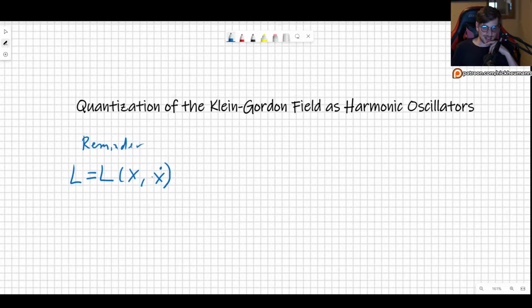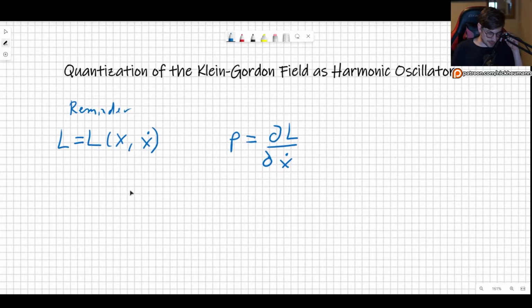Once we had that, we could also find the conjugate momentum associated with that dynamical variable. We did that by taking the partial derivative of the Lagrangian with respect to x dot. That's how we found the canonical momentum in classical mechanics.